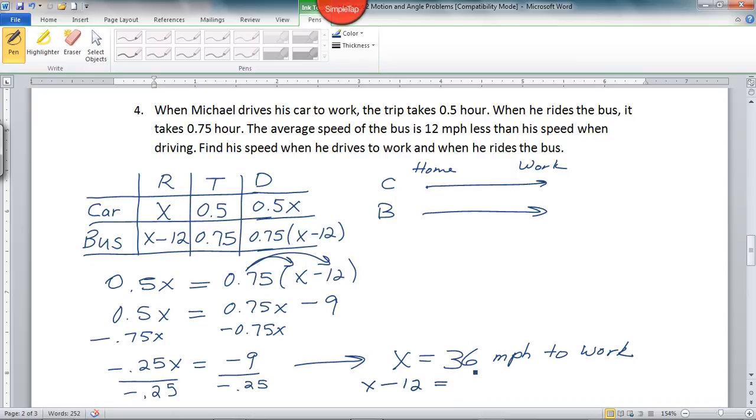So that would be 36 minus 12, that's 24 miles per hour riding the bus. And I guess I should have called this one 36 miles per hour driving to work. Make that correction there.